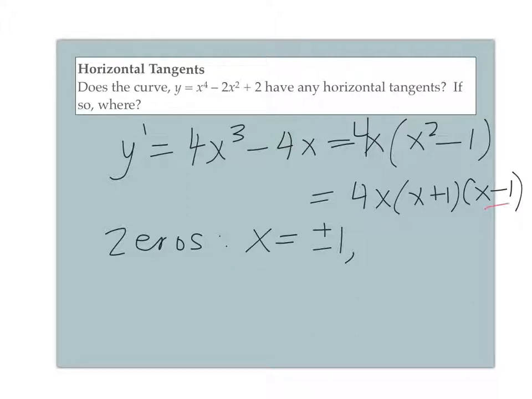This is 1. This is negative 1. What would this be? 0. Because 4 times 0 is 0. If we plug 0 into that, it would give us a 0. So there are 3 zeros, positive and negative 1, and 0. So those are the places where it would have horizontal tangent lines.